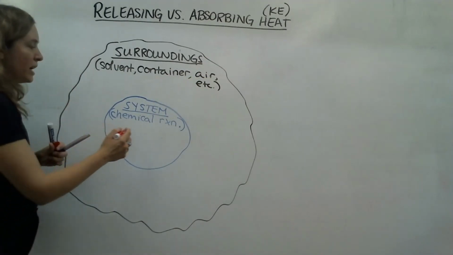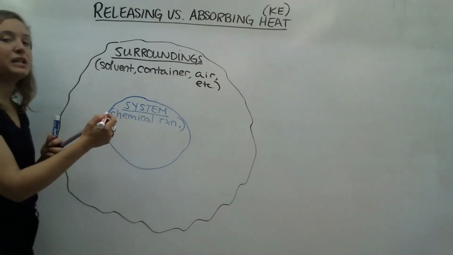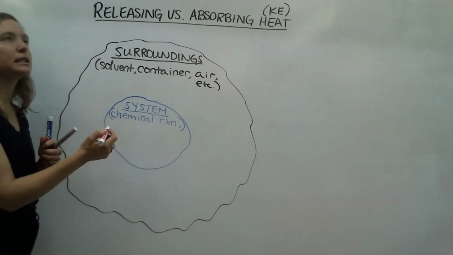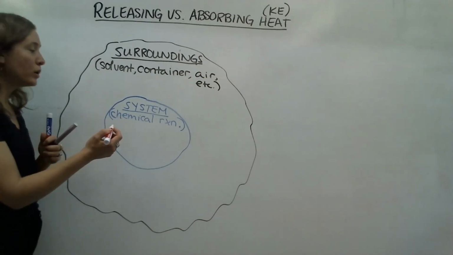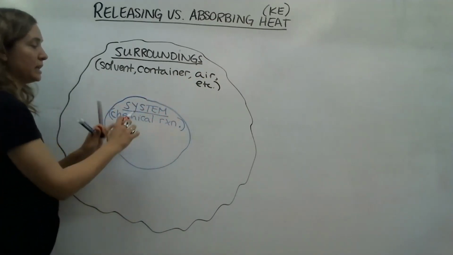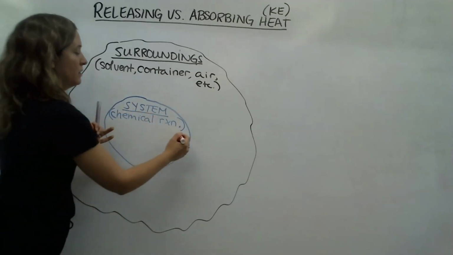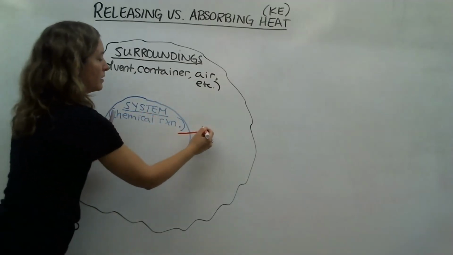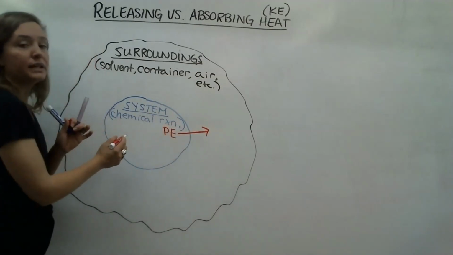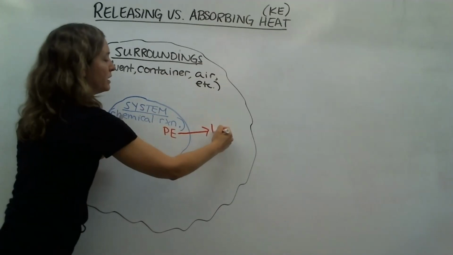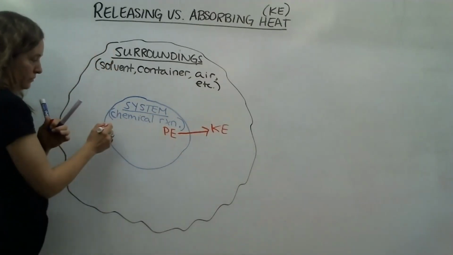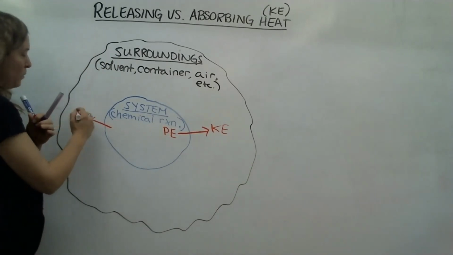We were talking about potential energy being stored in the bonds of molecules. What happens is when the potential energy of those molecules in the system in a chemical reaction leaves the system and gets transferred into kinetic energy, then what happens?